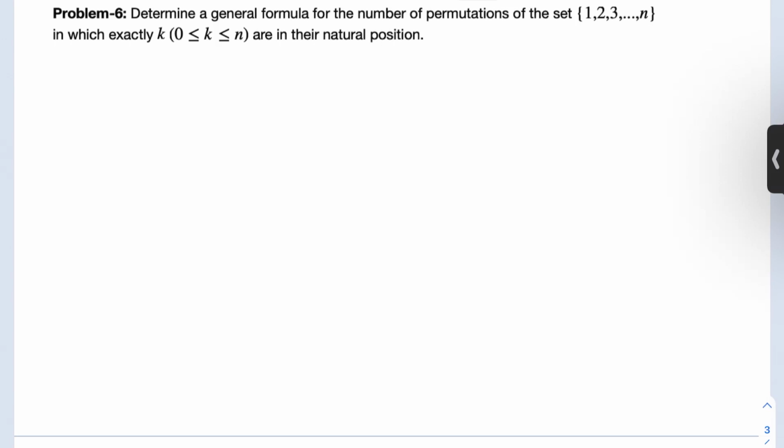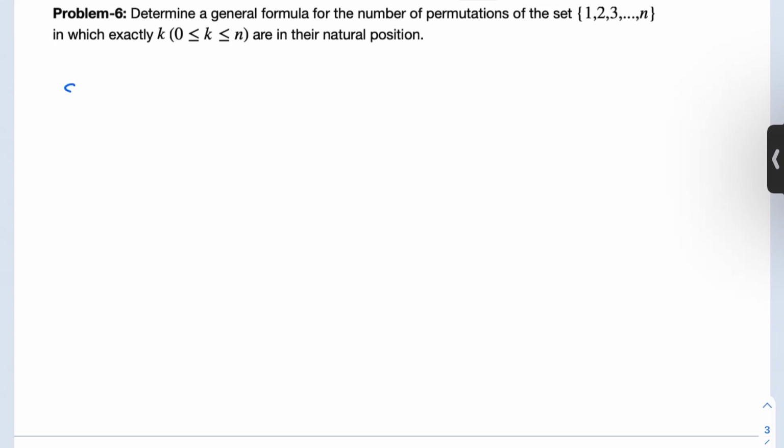Okay, so here we want exactly k of 1 to n to be fixed and the remaining should not be fixed. Okay, so which k? First of all, we need to pick k positions out of n positions. We need to fix them, and the remaining positions must be disturbed. That means we need to make sure in the remaining positions nothing takes its own place.